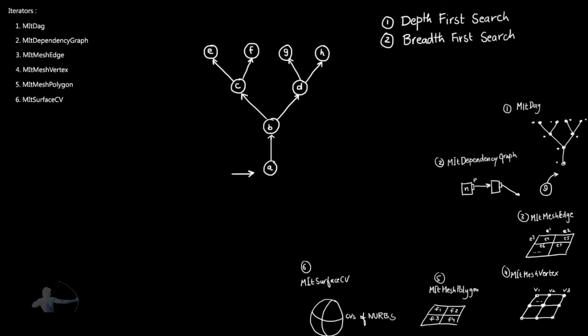But if we take a look at the breadth first search, we would go from A to B. To understand the breadth first search, we can divide our tree into different levels, and that's how the search would work.